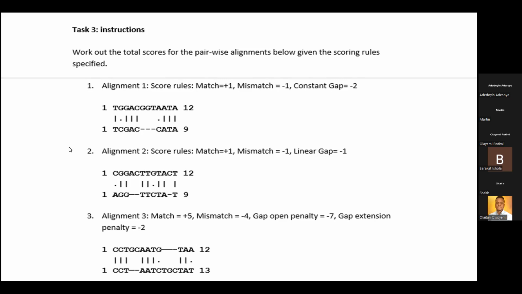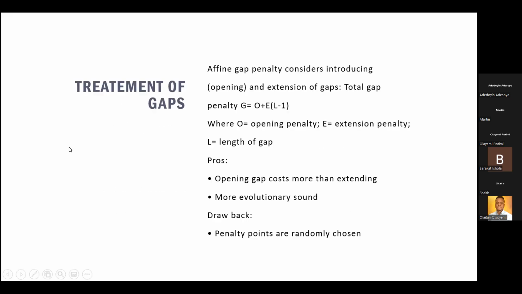To go over it, I'm going to go to this affine gap. The affine gap penalty considers the opening and the extension of gaps: the opening penalty, the extension penalty, and the length of the gap.